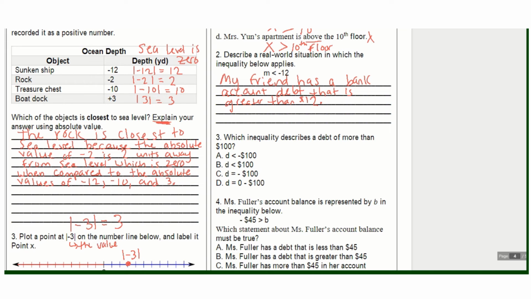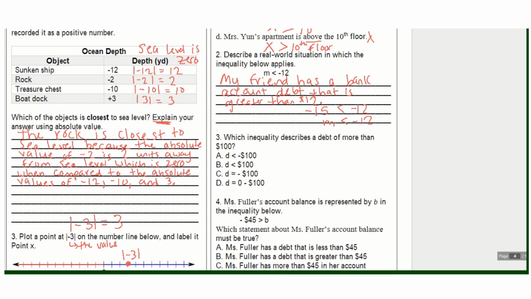A debt that's greater than $12 is like maybe -15. -15 is a number that's lower than -12. So the debt is $15. So M is going to be less than -12.